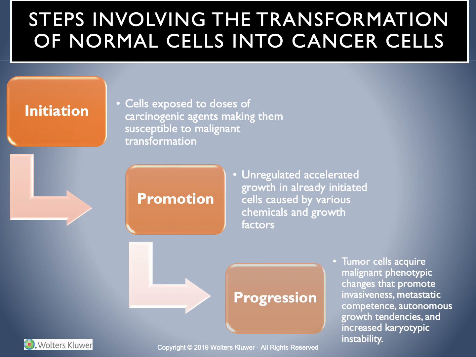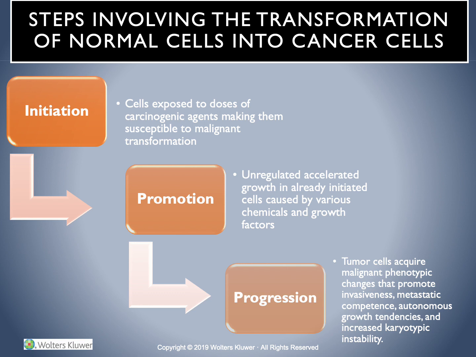They can include things such as hormones, chronic inflammation, certain dietary factors, or even environmental factors. Promotion leads to the expansion of the initiated cell population and the formation of a pre-neoplastic lesion or benign tumor.